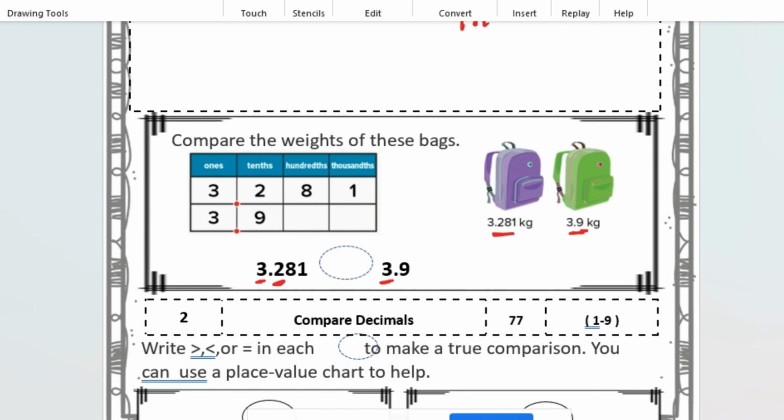So this number here is 2, and here is 9. Since 2 is less than 9, or 9 is bigger than 2, our answer is like this. So this one is bigger. 3.9 is bigger than 3.281. Do you understand how comparing works?